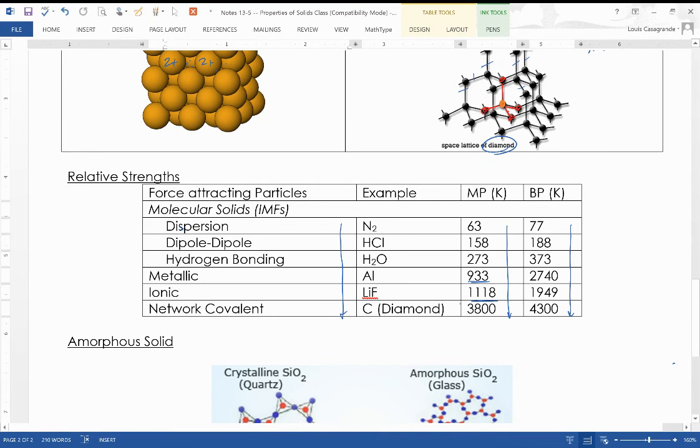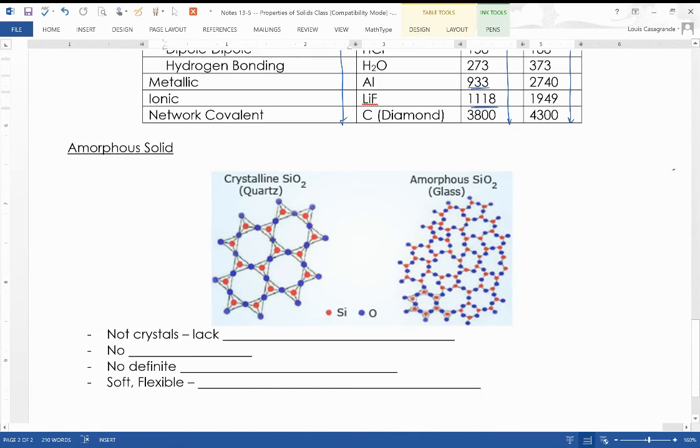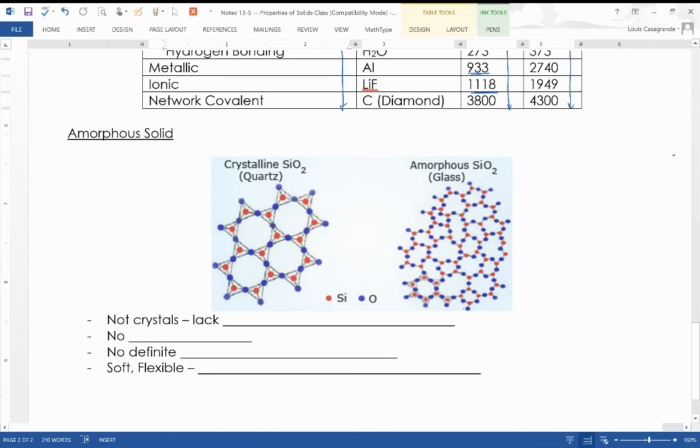The last kind of solid I want to talk about is an unusual solid, but we see it a lot, and that's what's called an amorphous solid. So the prefix a is a Greek prefix that means without, and morph, you've heard that word before. Morph just means shape. So this is something that has no shape, and they are not crystals because they lack the long-range order.